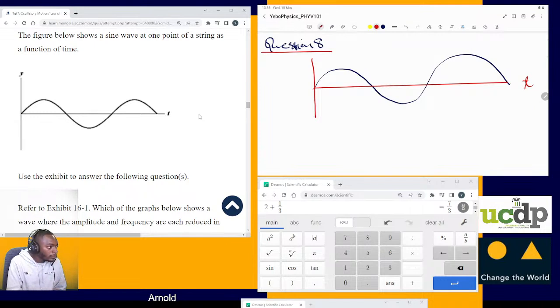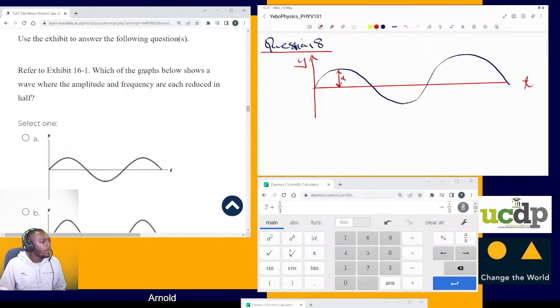Okay, and this is y, and that is obviously the y-axis representing the amplitude or the displacement, and the maximum displacement is our amplitude. Now what does the question say? Which of the graphs below shows the wave where the amplitude and the frequency are each reduced to half?